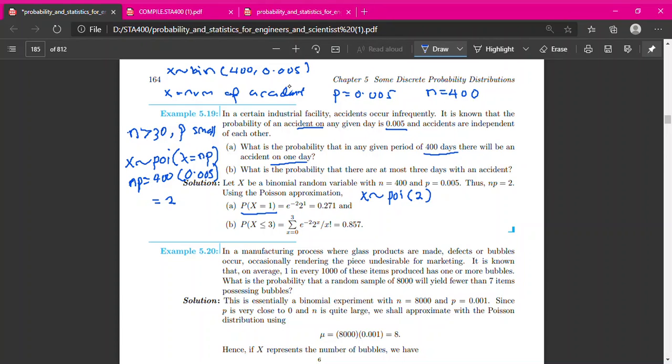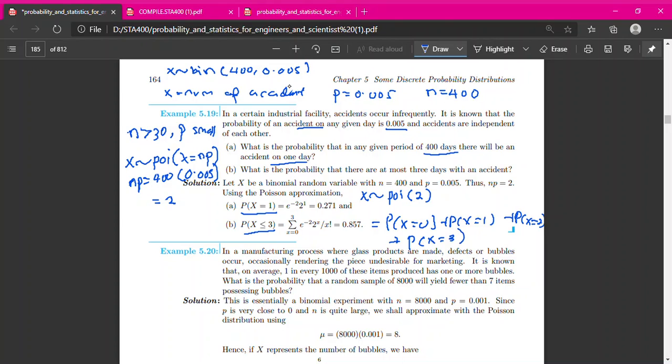At most 3 days, so paling banyak 3, so 3 ke bawah, probability of x less than or equal to 3. So sama ada kalau you nak kira manually, so you kena cari probability of x equal to 0, 1, 2, dan juga 3. Okay.